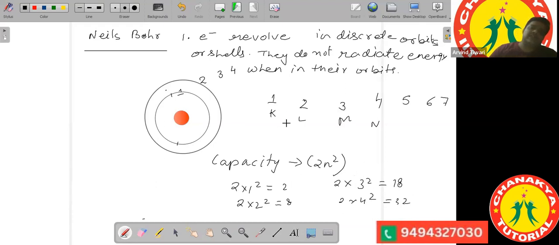Your first shell will hold 2 electrons. The second shell can hold a maximum of 8 electrons. The third can hold a maximum of 18. And the fourth can hold 32 electrons.